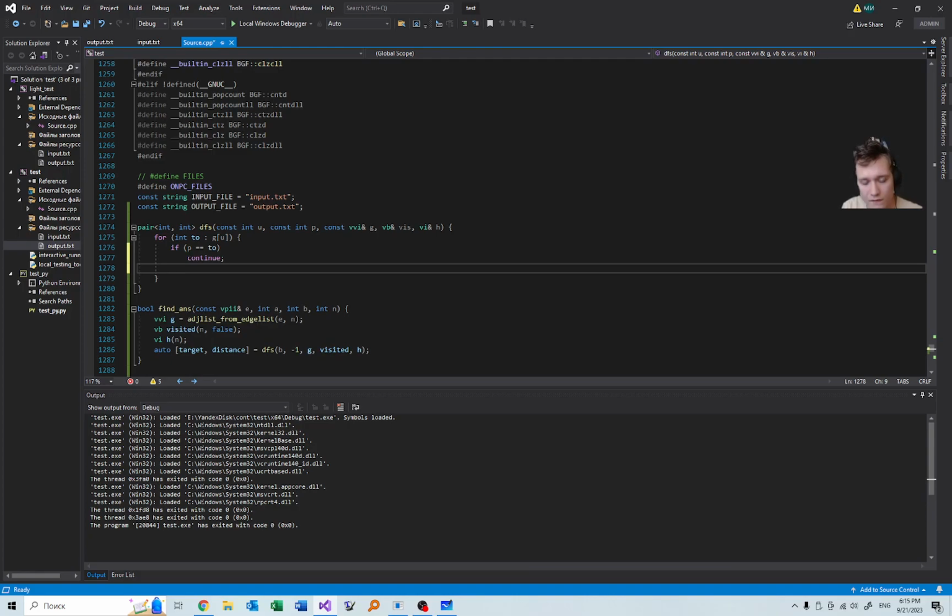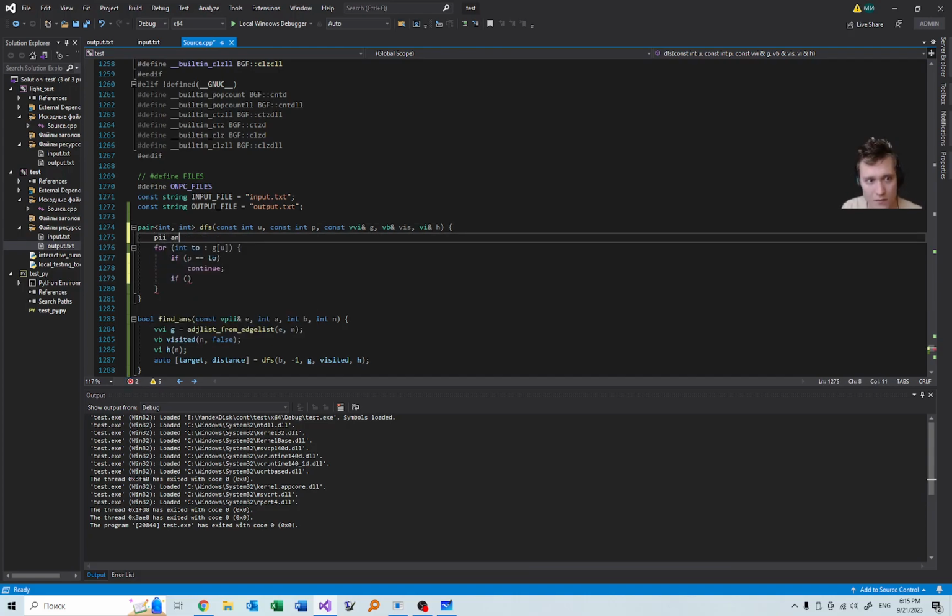After that, I want to first get distance and then target. And the distance in the beginning is 1e9 and the target is -1.